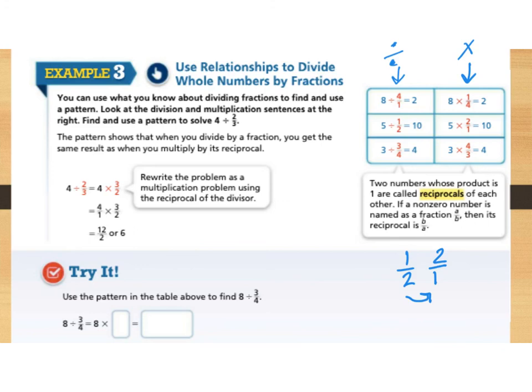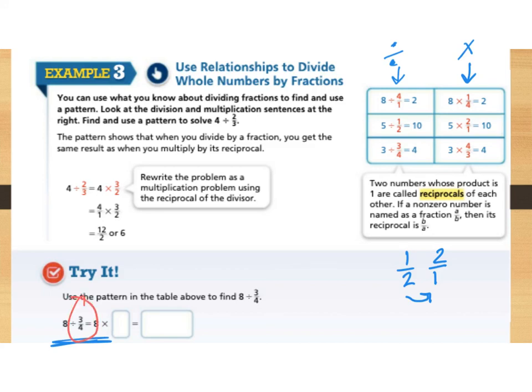So what does this mean? Well, let's look at this problem right here. We are going to keep, change, flip. Okay? So if we're looking at this problem right here, we are going to keep the first fraction the same. We are going to change the sign to multiplication.